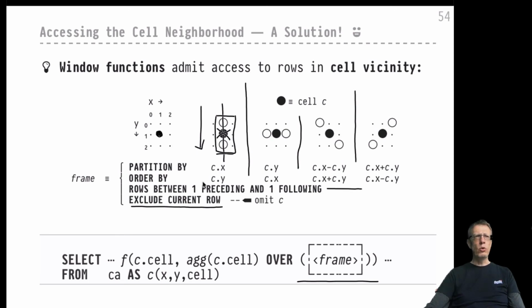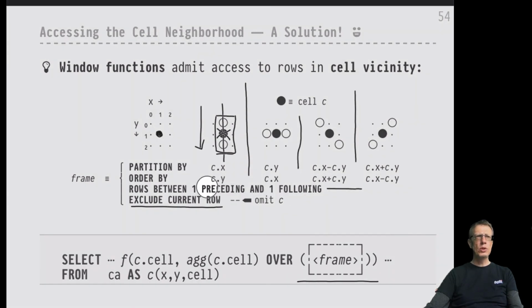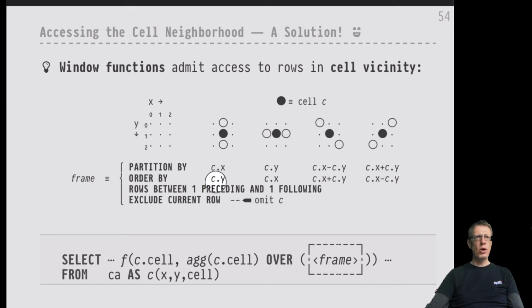Right. We could, of course, define extended neighborhoods by just adjusting these two literals here, and thus have true flexibility in how we define these windows. So that would be the vertical neighborhood of our cells.